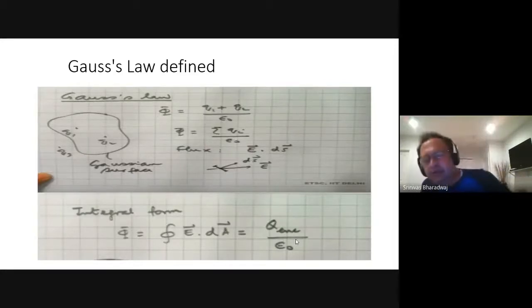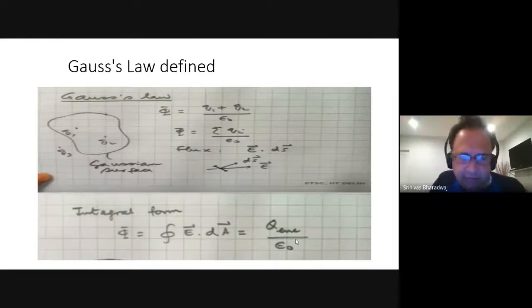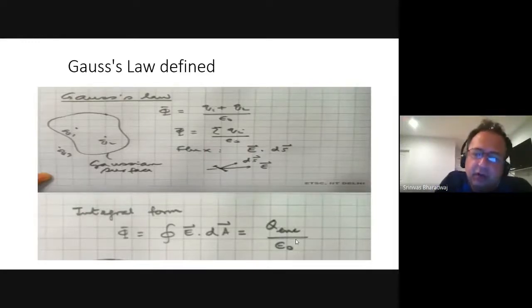If you remember epsilon naught from Coulomb's law, 1 by 4 pi epsilon naught q1 q2 by r square, that is the same epsilon naught. So the closed integral of E dot dA equals q enclosed by epsilon naught.